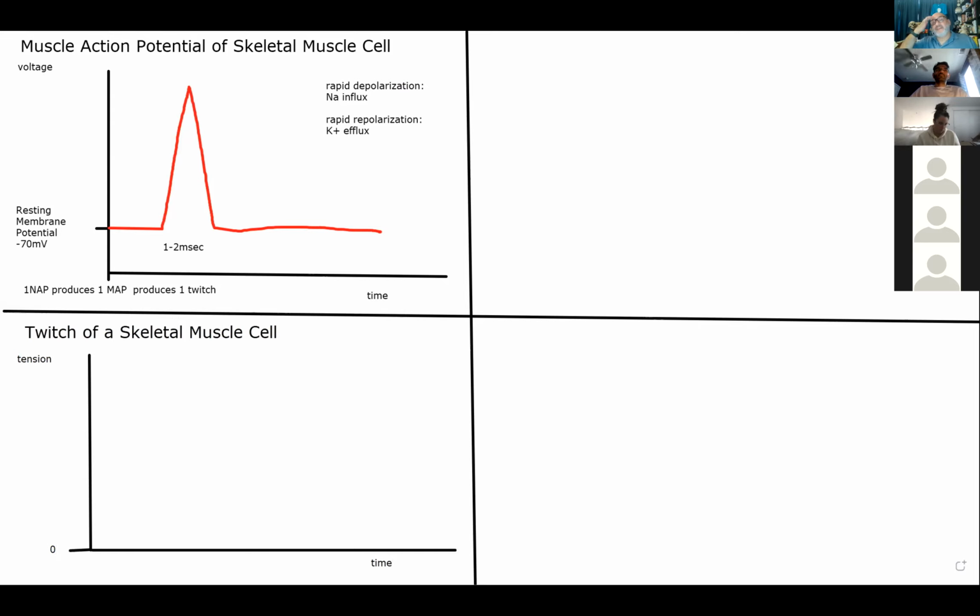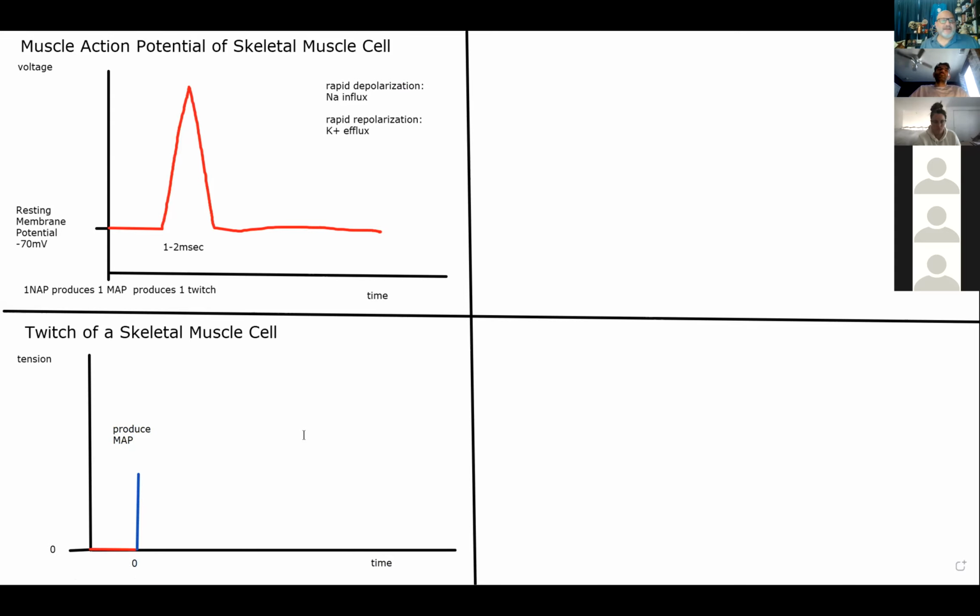The cell stays at 0 for a while until a stimulus is produced. This point right here, we produce our muscle action potential. That is our 0 point of time.